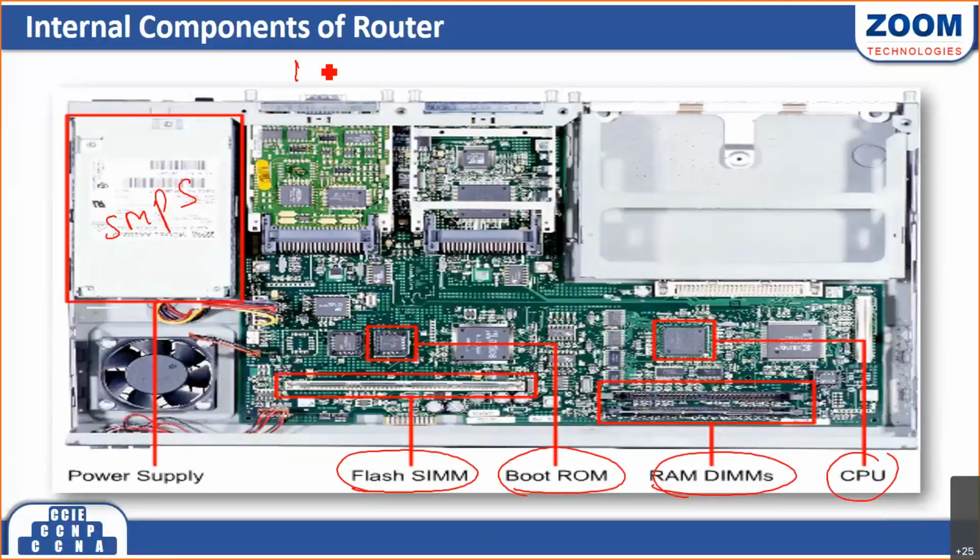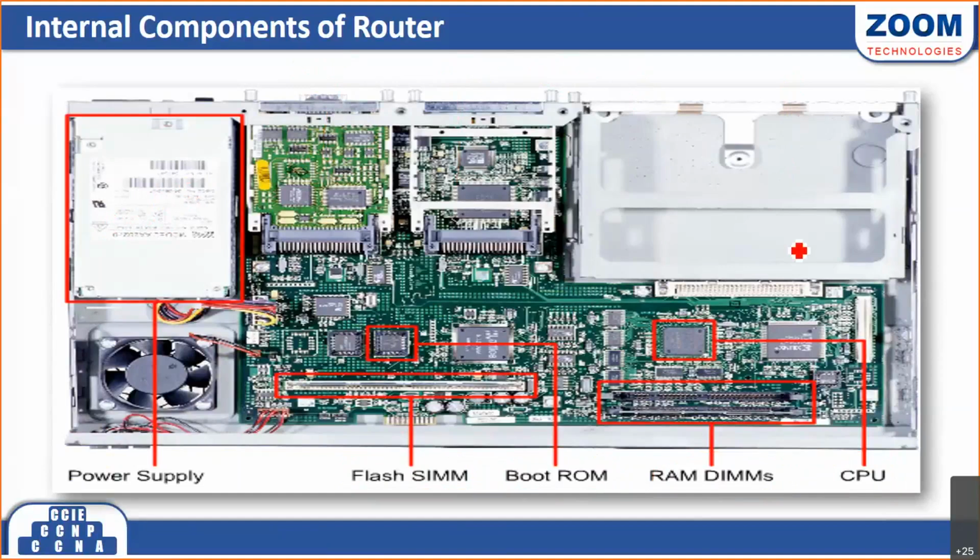And here your LAN ports, WAN ports and admin ports are connected. All of these are connected to here. Okay, so these are the router internal components.